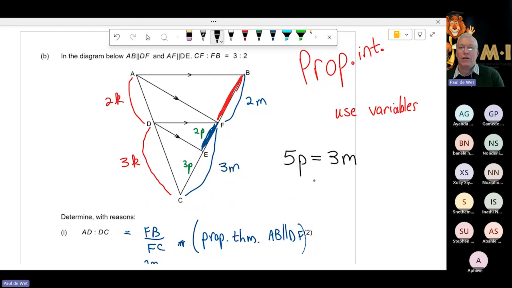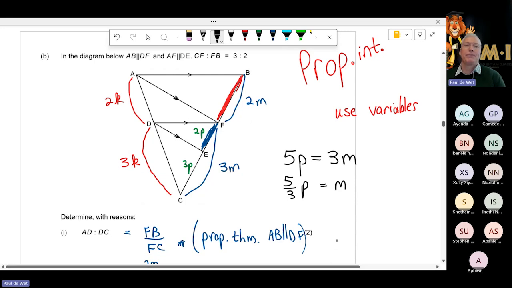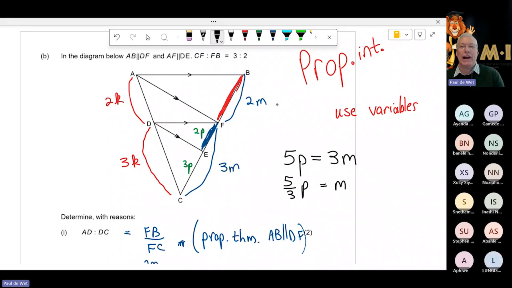Divide by 3 both sides. Okay, so if I divide by 3 both sides, I'm going to get that. Yes? Okay, and now I know what the red line is. The red line, sorry, I know what the blue line is, 2p. And so what's this line going to be the same as? If I change 2m into p's, what will it be?